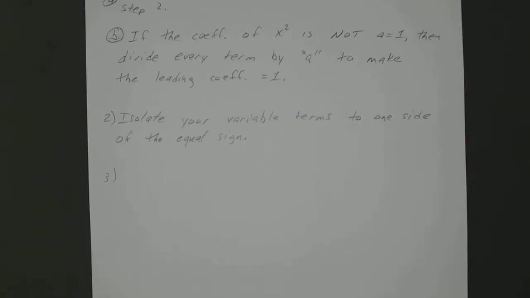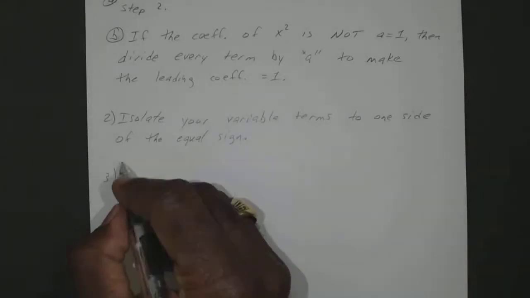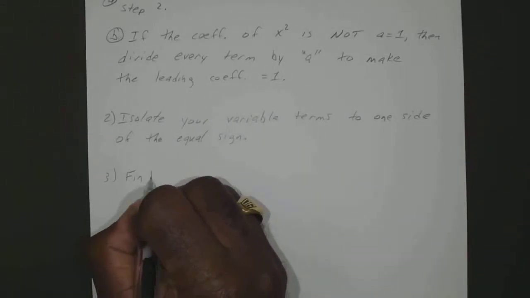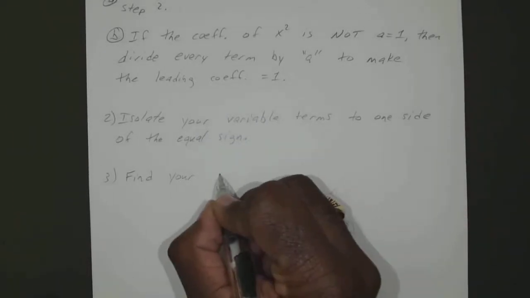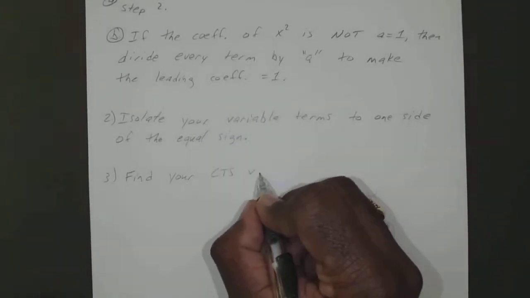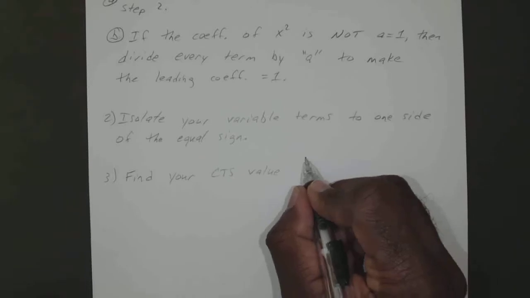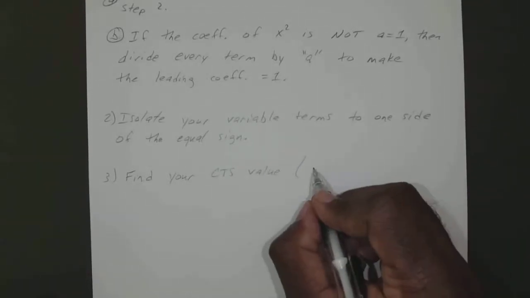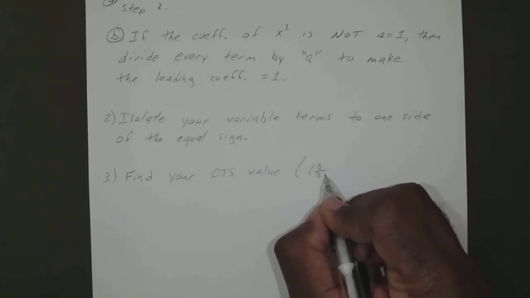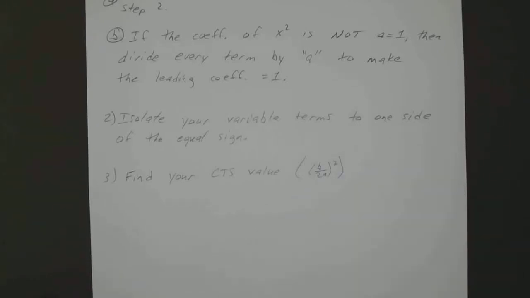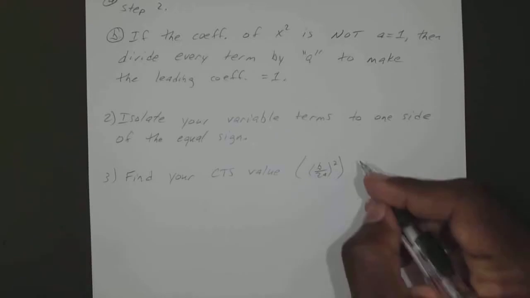So your third step, you're now going to calculate your completing the square. So find your completing the square value, which remember that is just b divided by 2a squared. And then you're going to add that to both sides of the equal sign.